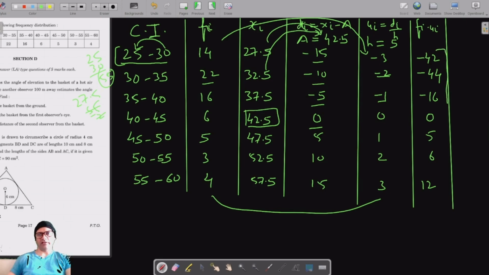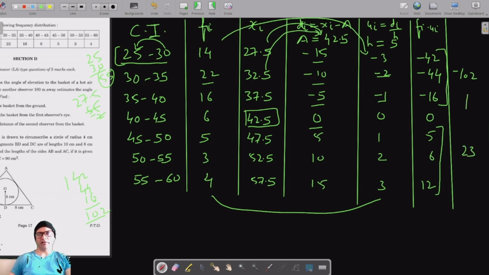So if we add these negative terms, it will give us 42, 44, and 16, which is negative 102, and we add the positives. 5 plus 6 is 11, which will give us 23.